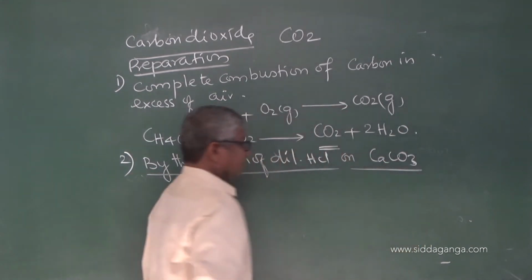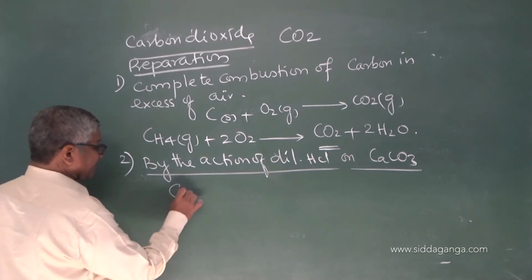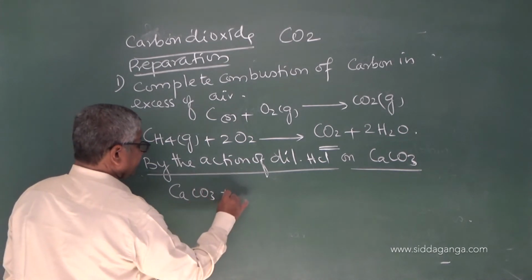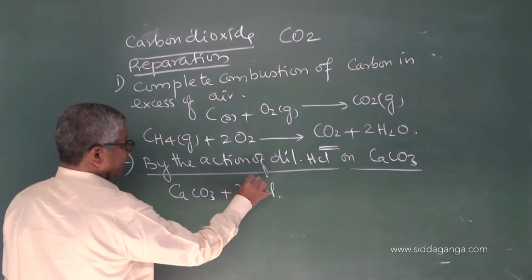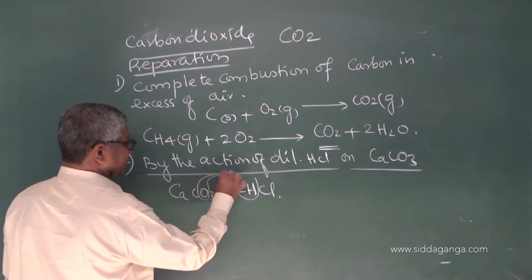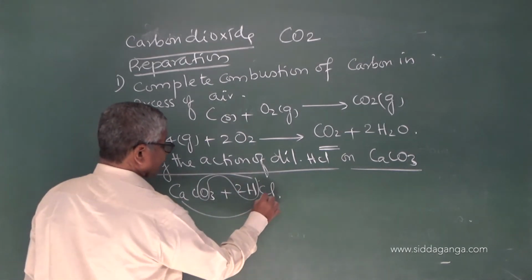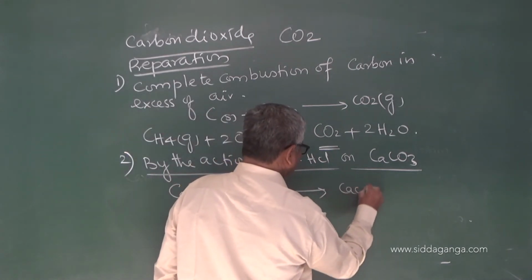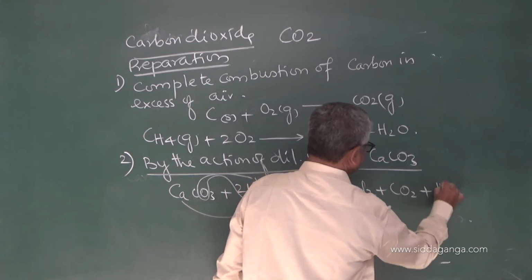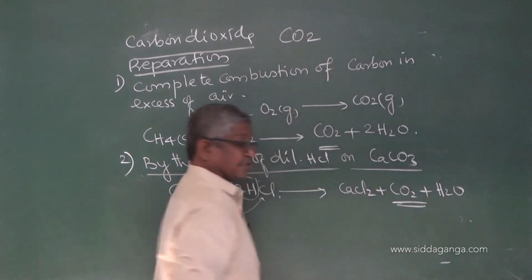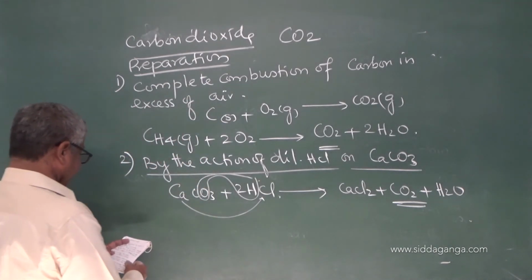Calcium carbonate with dilute HCl: the 2 hydrogens collect 1 oxygen, then calcium collects the chlorine, and calcium chloride is formed with carbon dioxide and water. So this also produces carbon dioxide.